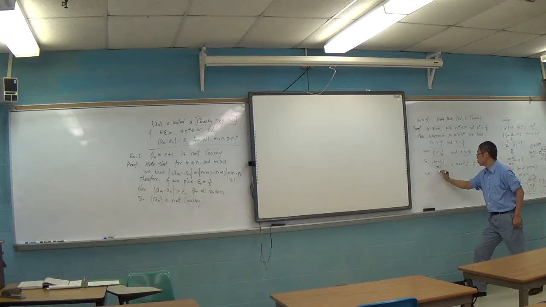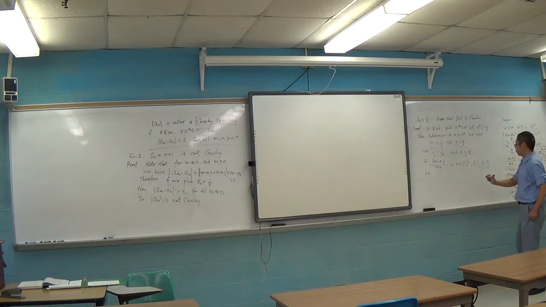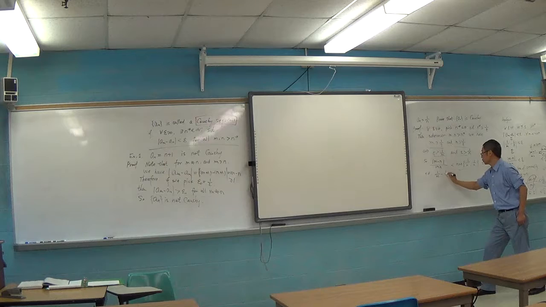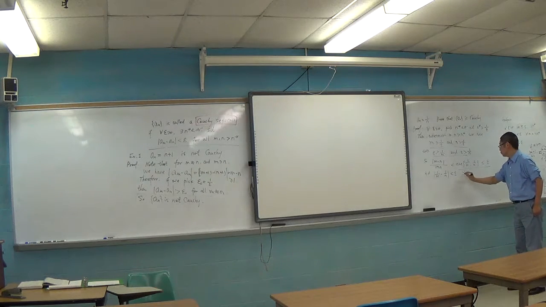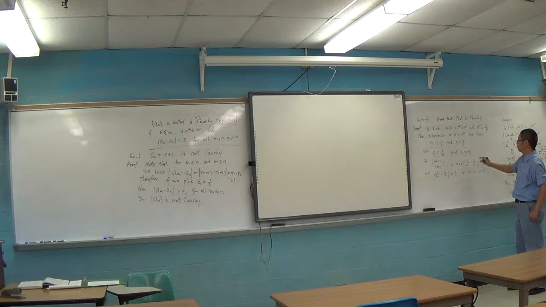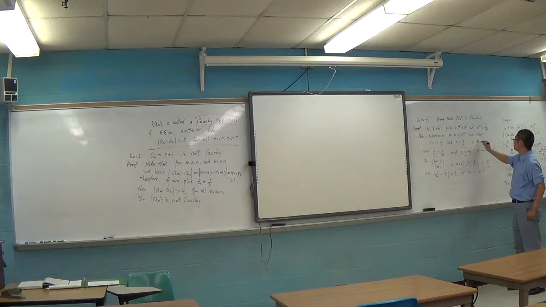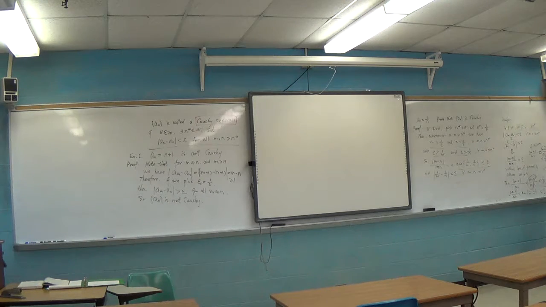Namely, 1 over m and 1 over n are less than epsilon whenever m and n are greater than 1 over epsilon. For each step, for any m and n greater than this, it is true. Here it is also true whenever m and n are greater than this.